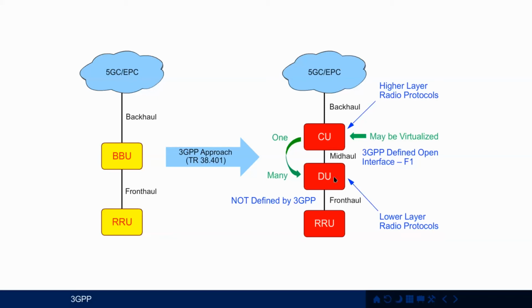The DU would support the lower layer protocols, such as radio link control and medium access control. And then the RRU would just simply support the layer 1 protocol, the physical layer. But the exact split of those protocols between those units should be highly flexible, and that gives the mobile operator the choice of rolling out a particular network configuration.